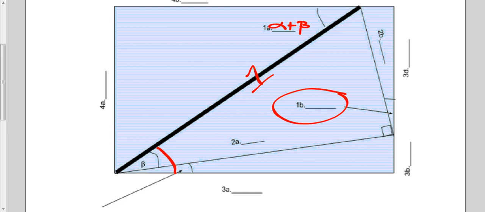Anyhow, back to this. All right, so that's 1A. What about 1B? Does anybody have an input on 1B? You say alpha, Morgan? Why do you say alpha? I'm just guessing. So that's a guess.